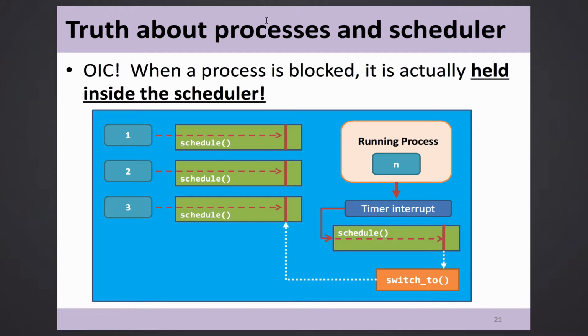Then it will go back to the scheduler and choose another one. This is the control flow of the scheduler. You don't really need to remember it, but it shows the real stuff going on within the kernel. You switch to another process, and previously you are actually still in the scheduler.